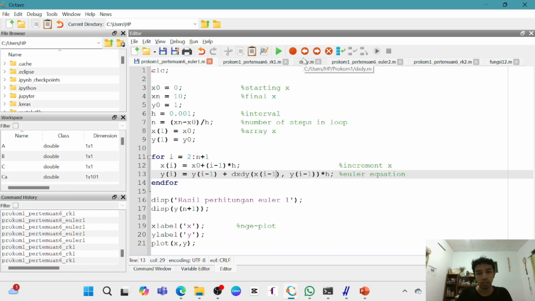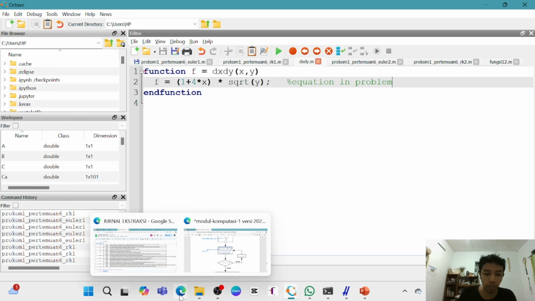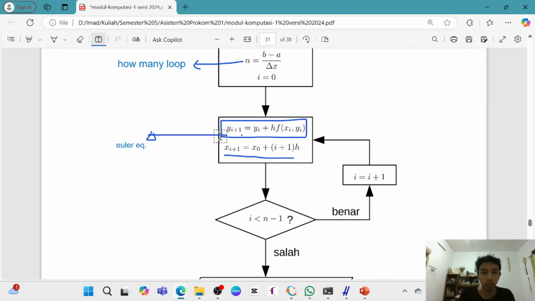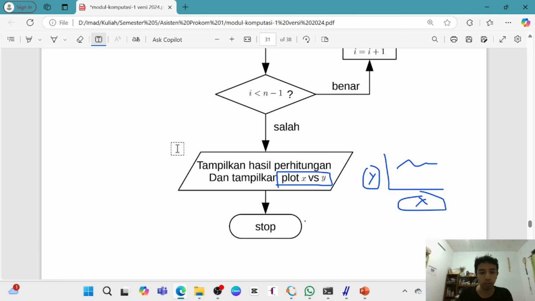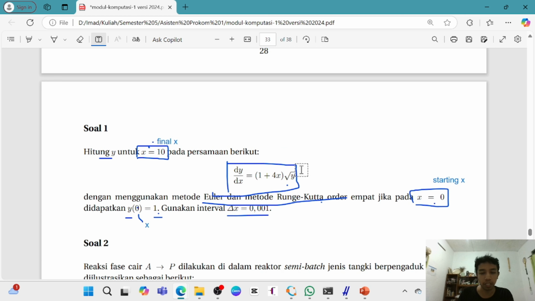This is my subroutine dx. Then this is the equation in the problem. What do I mean by the problem? We first go to the problem below. This is the equation for the problem.